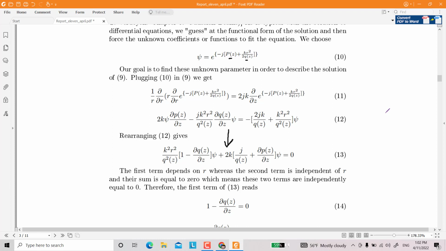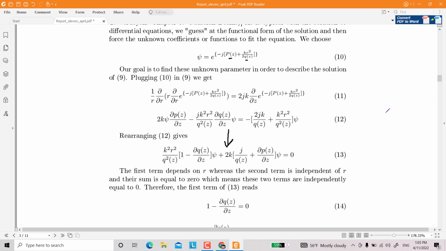The first part is dependent on r, whereas the second part is independent of r. And you know r is the transverse radius of the snapshot of the beam. Rather, it is a position vector on the transverse beam, the snapshot of the beam in the transverse direction.